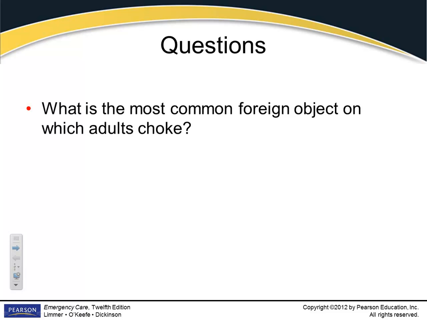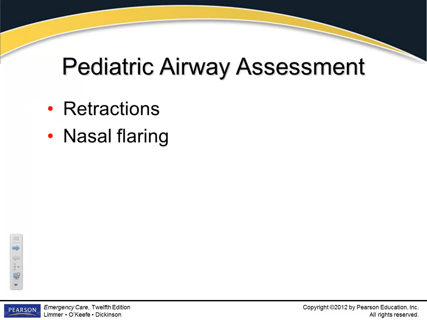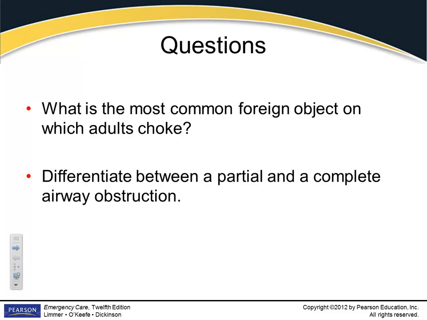What is the most common foreign object on which adults choke? Would the tongue be a foreign object? I hope not. Do I have it on there? Toys? For adults, I'm pretty sure it's food.